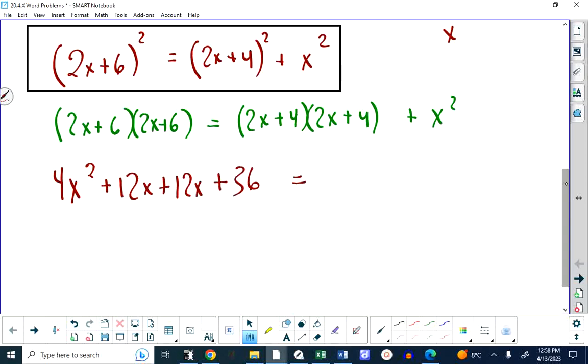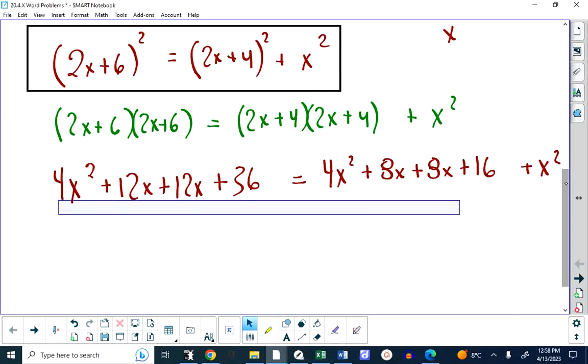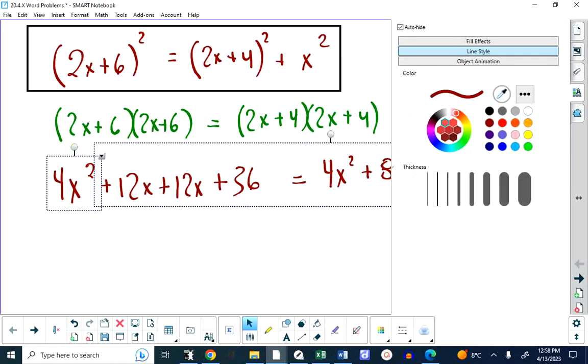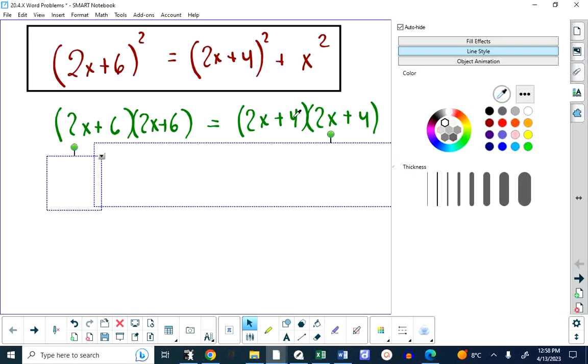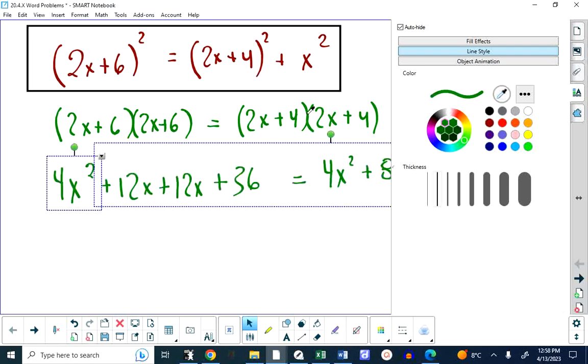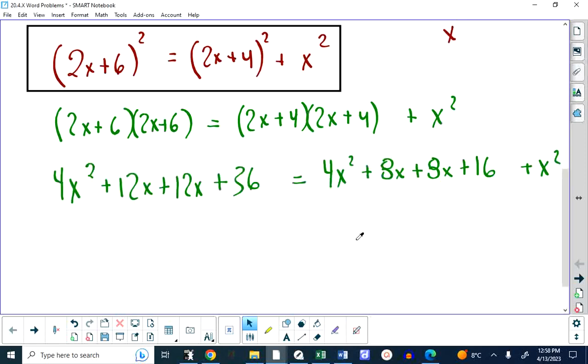On the other side, we do the same thing with the 2x plus 4. And then we have the x squared. Truth be told, everybody, I don't think you have to write that step either.